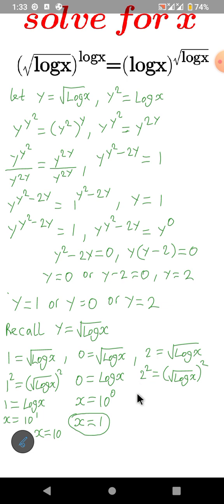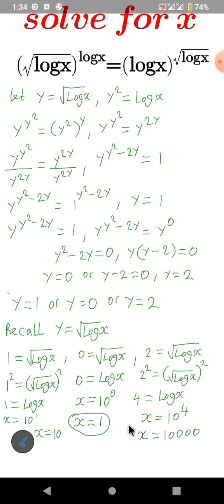Now 2 square is what? 4 equal to, square cancels the square root, so we now have what? Log x. Now from here, according to the law of logarithm, I can say that x is equal to 10 raised to the power of 4. So x is equal to what? 10 raised to the power of 4, that's what? 10,000. So write 10,000 here.